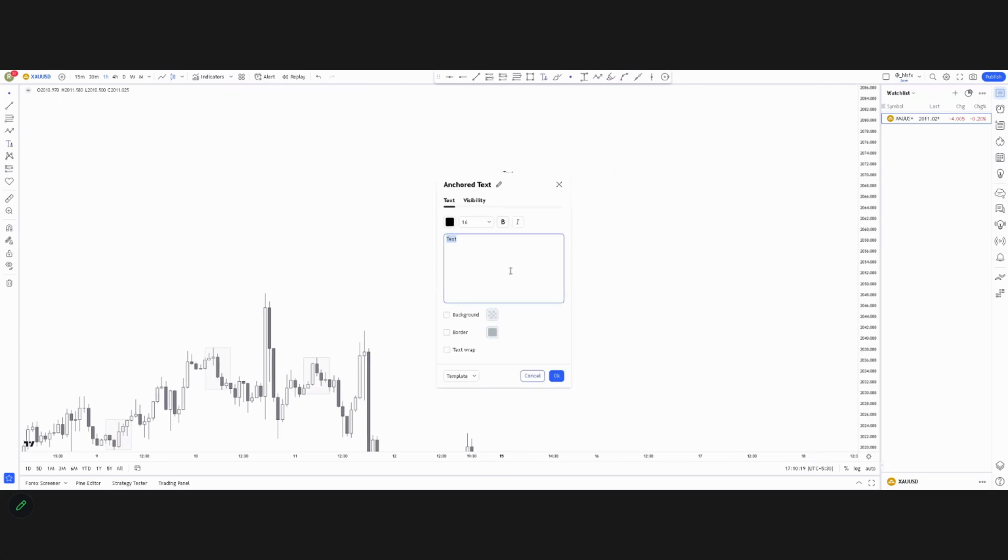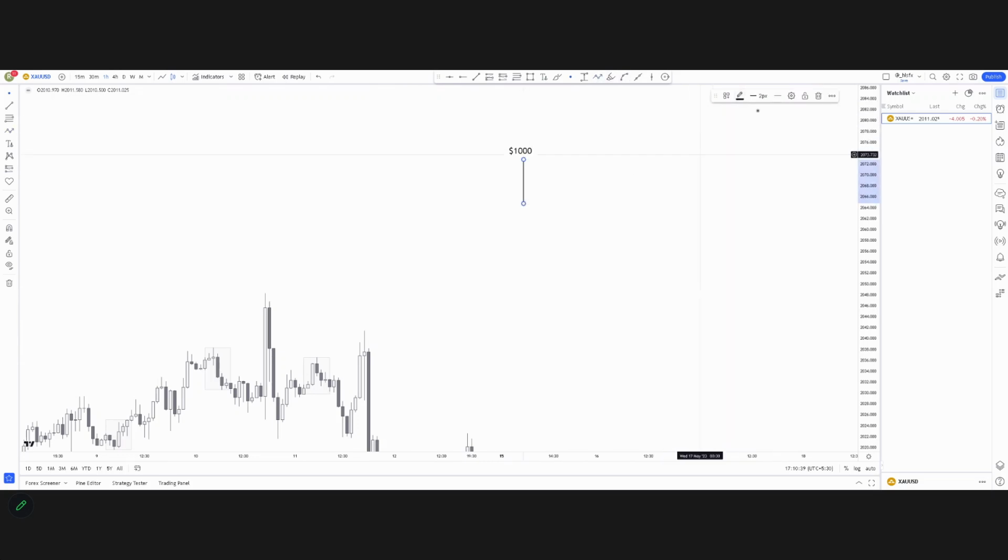Okay, let's say you have a $1,000 account. Can you see this? Yes. So we have a $1,000 account. Now you are in a drawdown of $500, 50%.